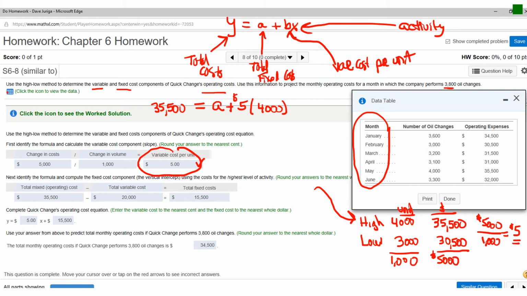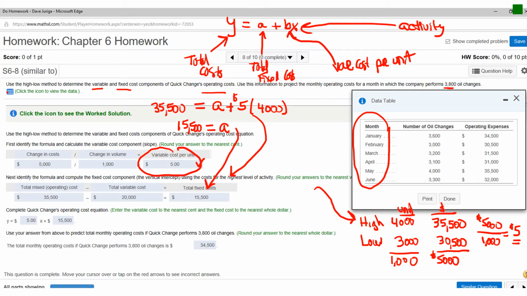And at that point, 5 times 4 would give you 20,000. And of course, if you look down here at what they're showing you, that represents your variable cost. You then subtract that from 35,500, and you're going to get 15,500 equals letter A. That's going to represent your fixed cost.